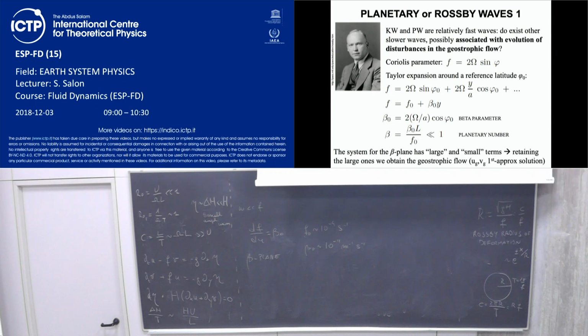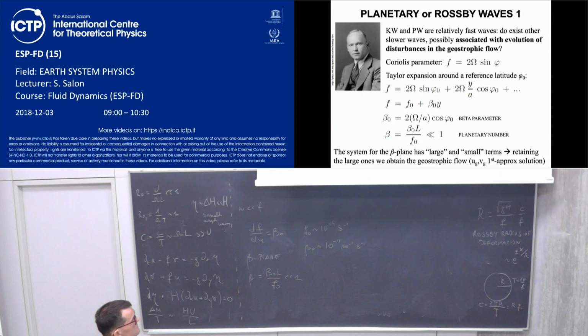Okay. So of course, if we consider the length scale of our phenomena L, and we give to y the scale of L, we will obtain that beta0 L over f0 is much smaller than 1.